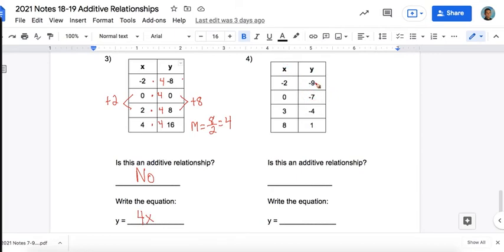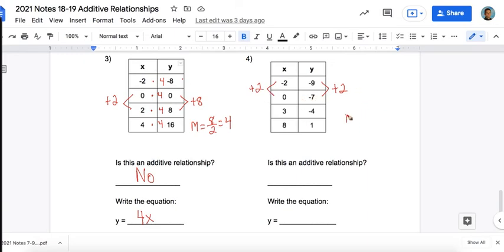And let's look at our last example. It doesn't look like we have a real easy one anywhere, but if I look here, I can see that I'm going up by 2, so I'm going to choose these. And negative 2 to 0, I also know that I went up by 2.